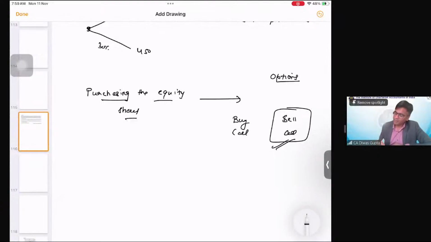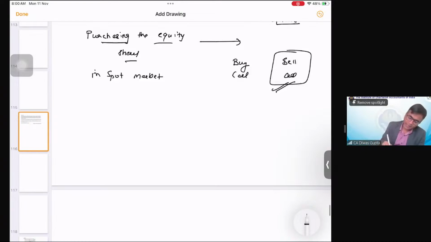So if we purchase the equity shares in the spot market, then we will be selling the call option in the options market. So finally, our strategy will be long shares and short call options.